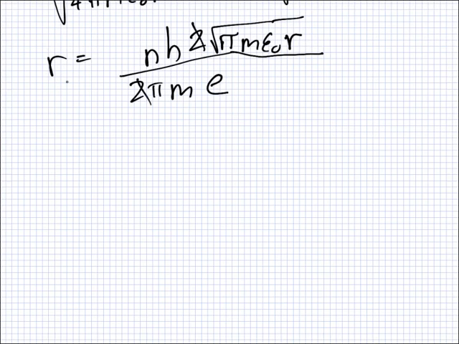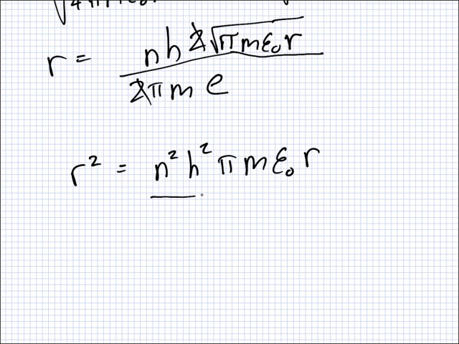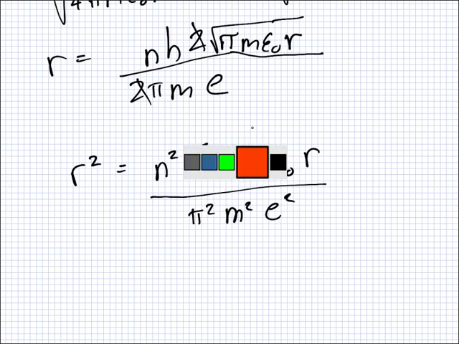I think it would be good if we square everything. So I can get r squared equals n squared h squared pi m epsilon 0 r over pi squared m squared e squared. Now I can cancel a bit more.